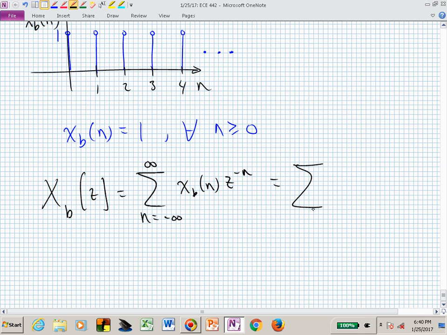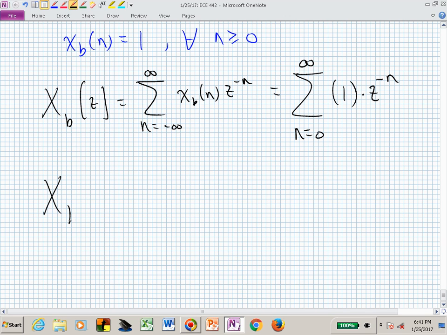For what values of n is x sub b of n non-zero? For negative values of n, it's 0, so we can say this is from n equals 0 to infinity. And what is x sub b of n as a function of n? It's 1, times z to the minus n.